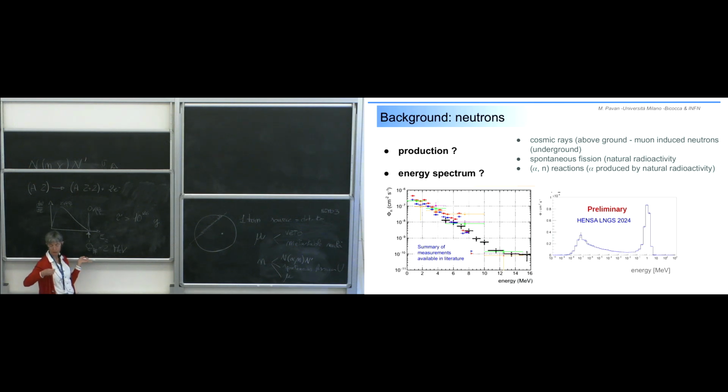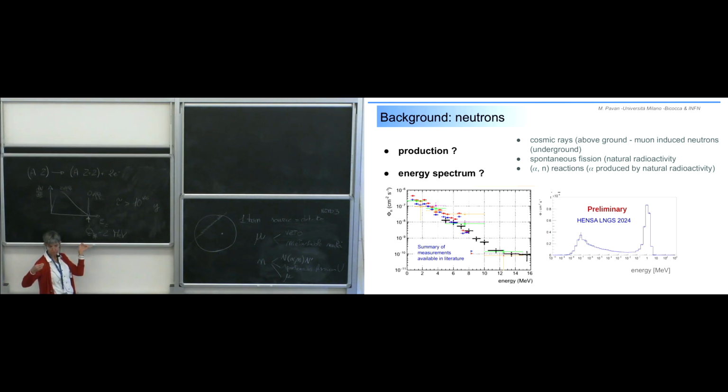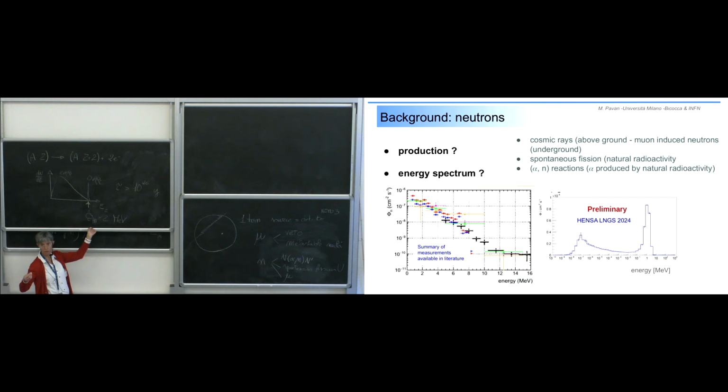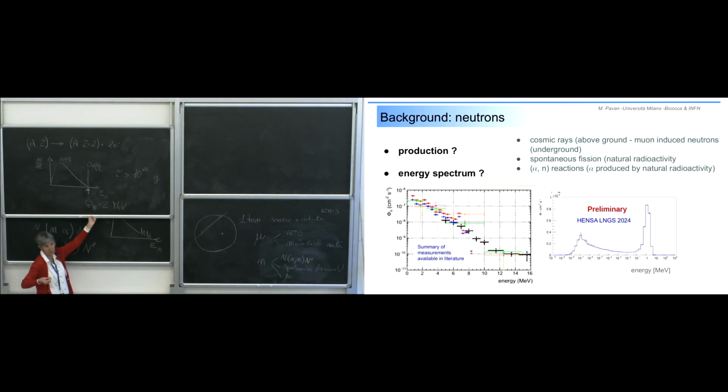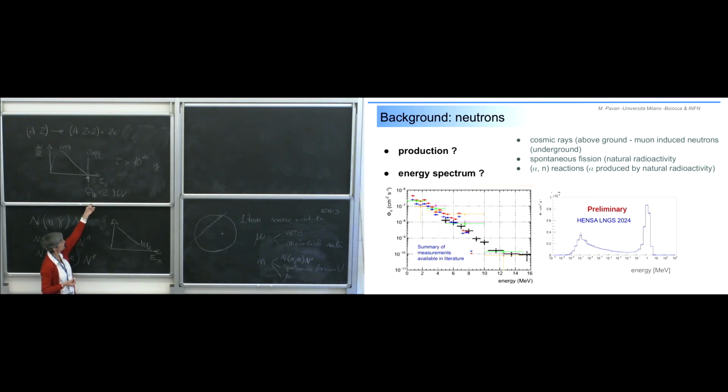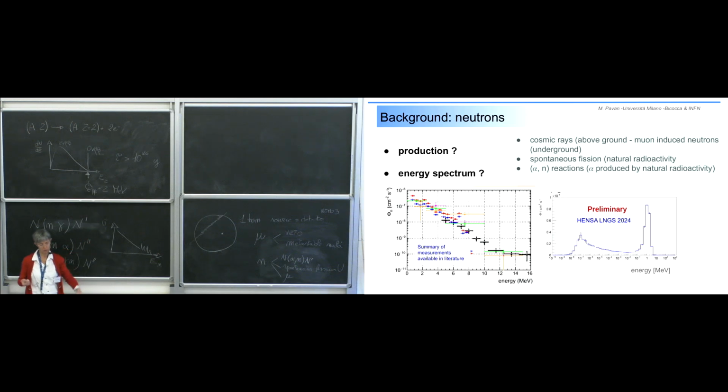So when they are high energy neutrons, the induced background is not that important. But when they become thermal, they can produce interactions, producing particles that can be dangerous.